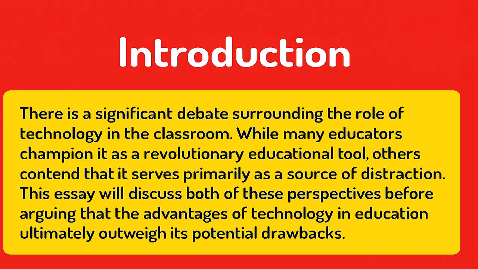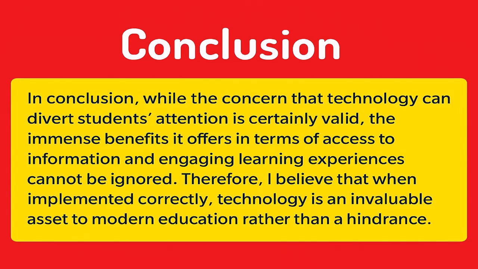Now, let's look at the conclusion. It does the same job in reverse. It starts with, in conclusion, to signal the end. It then summarizes both sides, acknowledging the valid concern that technology can divert students' attention, that's view B, but also highlighting the immense benefits it offers in terms of access to information and engaging learning experiences, that's view A. And finally, it clearly restates our position.